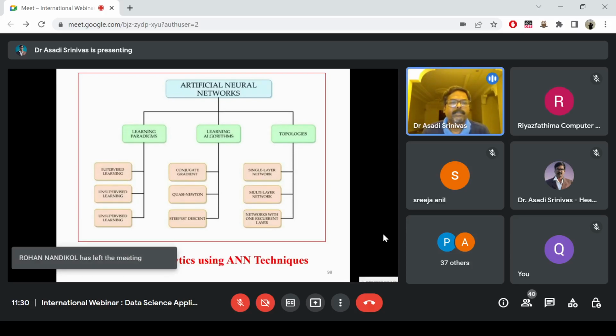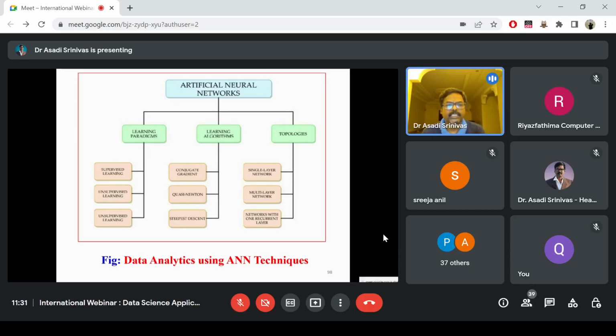So in learning paradigms, we are using supervised learning. We are using label, schema, procedure, target class. We are dividing the classes. Unsupervised learning, we are not using schema, we are not using label, we are not using target class, but we are dividing the data into classification by using similarity measure.